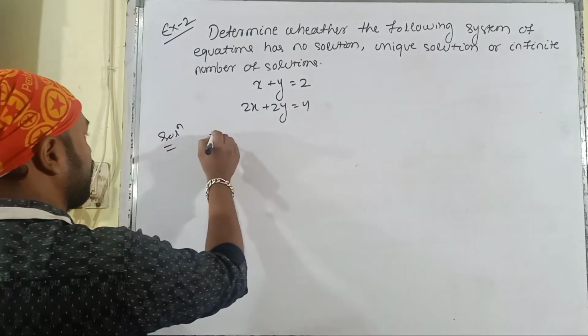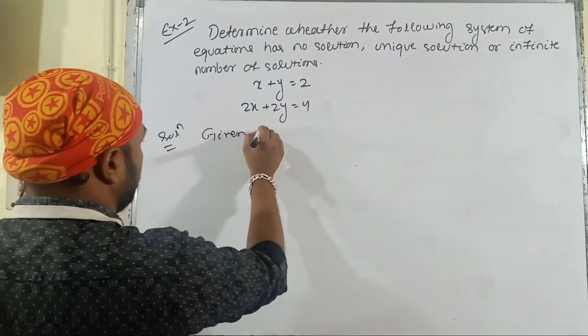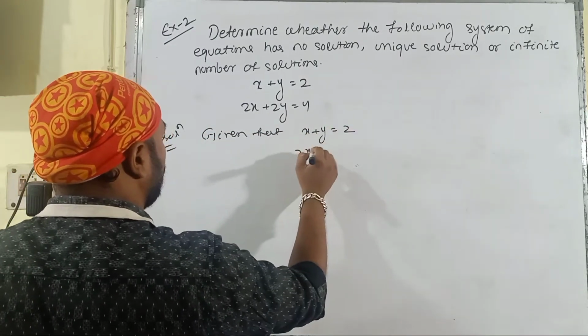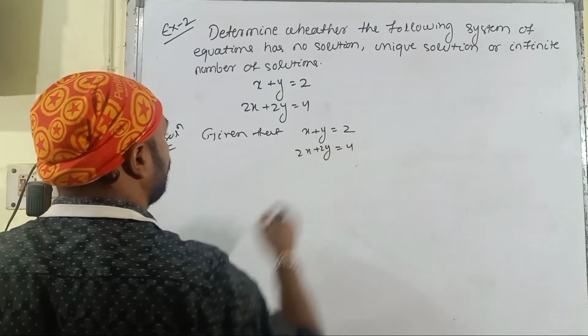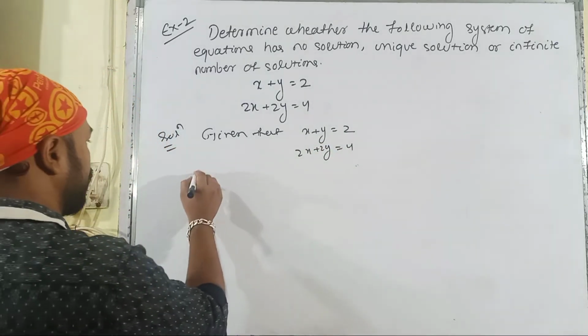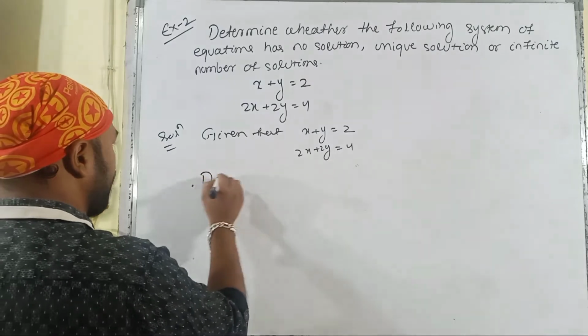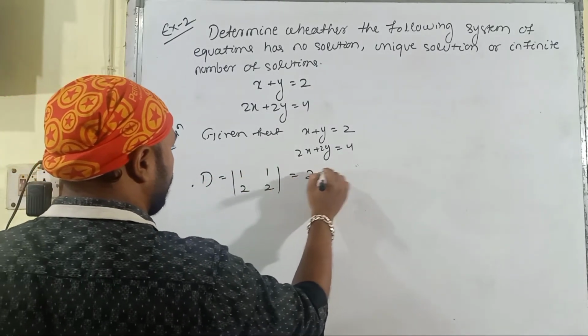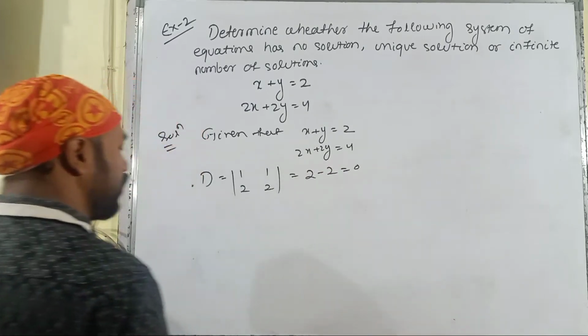The given equations are x plus y is equal to 2 and 2x plus 2y is equal to 4. First of all, we have to find out the value of D here: 1, 1, 2, 2, and by solving we are getting 2 minus 2 is equal to 0.